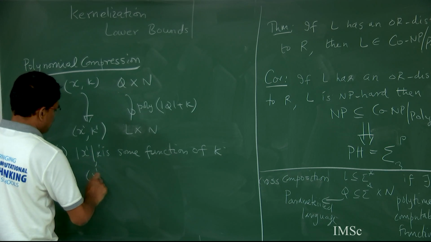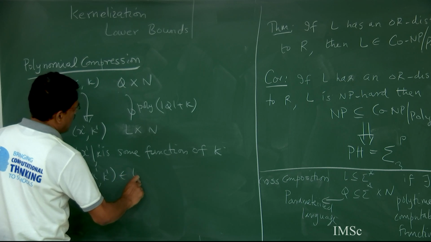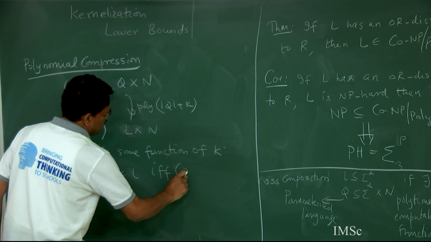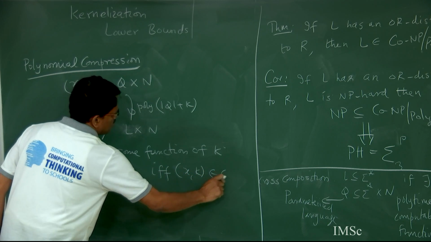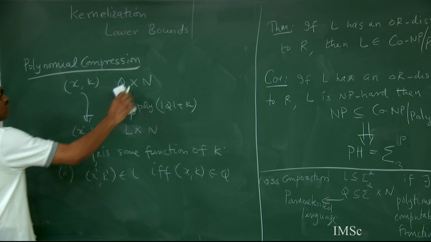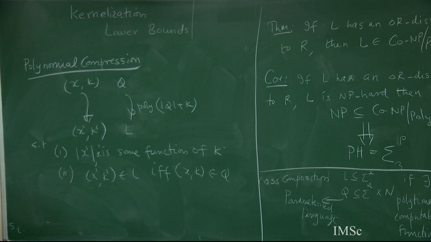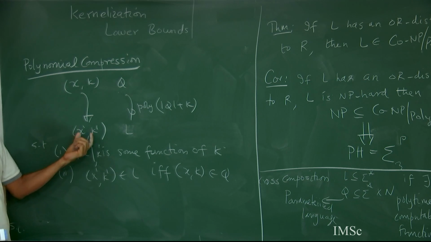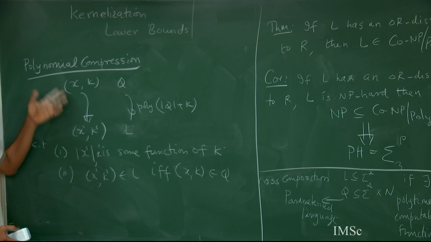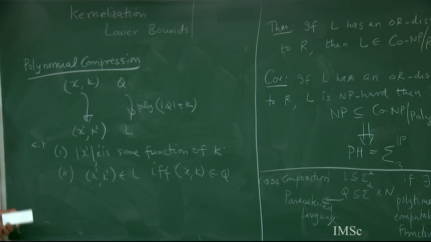So x prime k prime is in L if and only if x k is in Q. Okay, so two parameterized languages. You take an instance and a parameter, it is a parameterized instance. In polynomial time, you get an x prime k prime, where these are functions of this parameter, and it is an equivalent instance. In what sense is this different from kernelization?